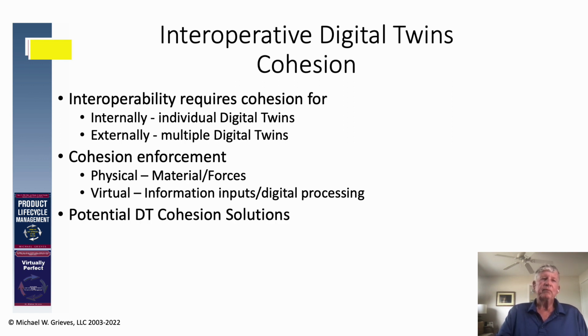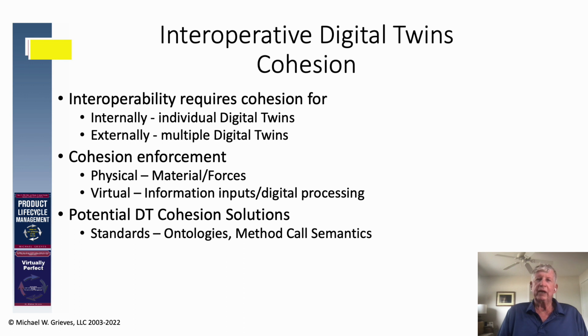So how do we look at potential digital twin cohesion solutions? The first one is what everybody would like, and that is standards. So ontology, method call, semantics. And so we have to programmatically impose these things on our digital twin, and that means we have to get these right.